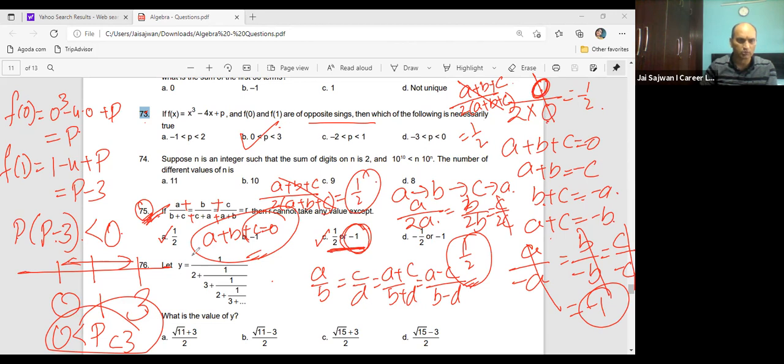Maybe you did not hear in between, I said it could also be that the numerator is zero and the denominator is twice of zero. Then can you say it is half? No, it is wrong. So I need to take some value for that. What if A plus B plus C is equal to 0? If this is equal to 0, I'll say A plus B is equal to minus C, B plus C is equal to minus A, or C plus A is equal to minus B. Just put these values, you will get them to be equal to minus 1. Is it fine now?